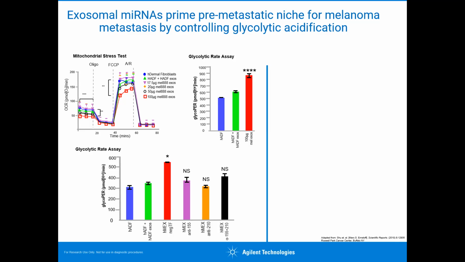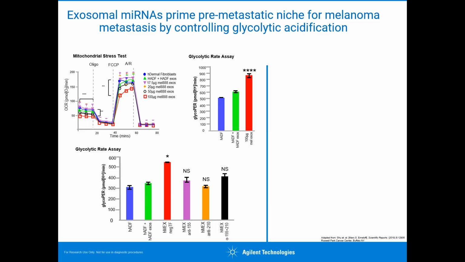Now, the question they asked, and you may be asking, is are these cells dying, or are they switching to glycolysis? So we see in the glycolytic rate assay, the top middle right column, that the glycolysis is increasing at the same concentration that exosomes in the mitochondrial stress test have a decreased oxidative phenotype.